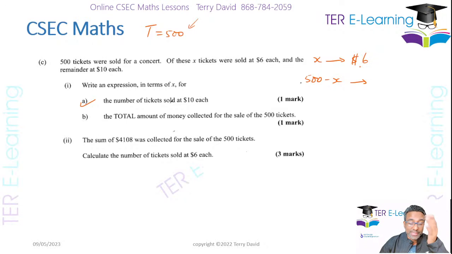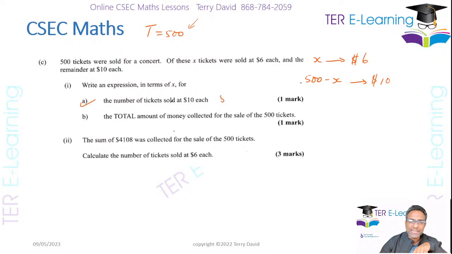I know students dread those things, but try not to get confused. You had 500 tickets in total. If you tell me you sold X of them, the remaining amount will be 500 minus X, and we're selling these for $10. So they want an expression in terms of X for the number of tickets sold at $10.